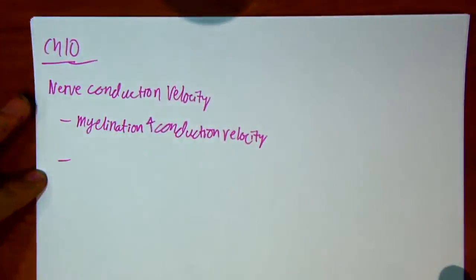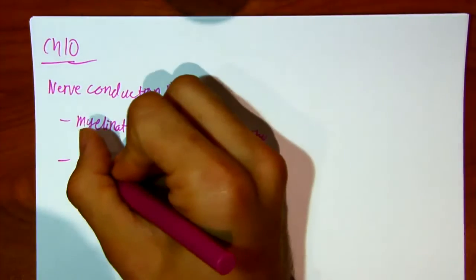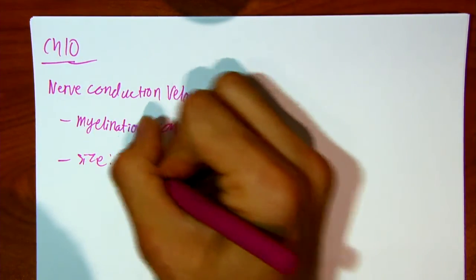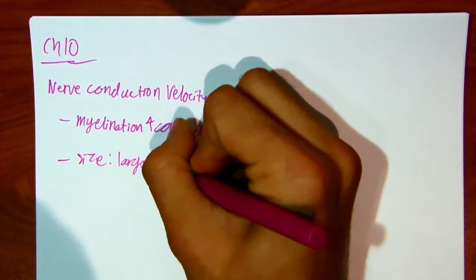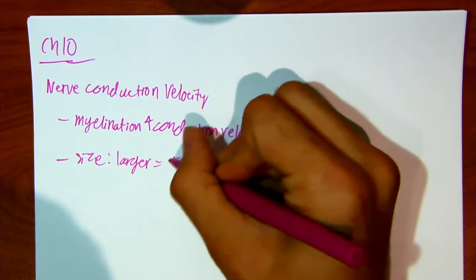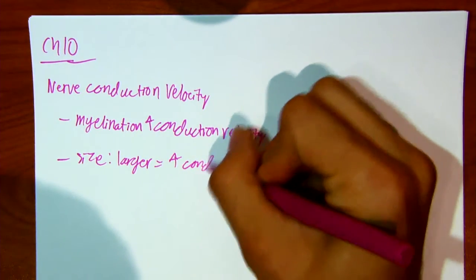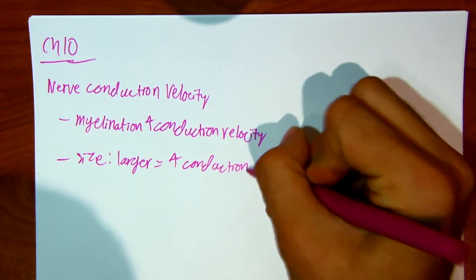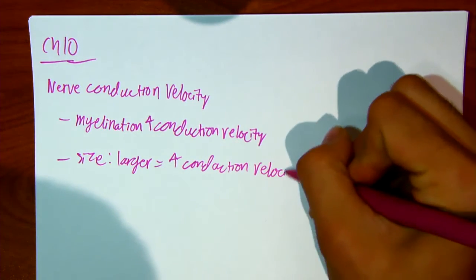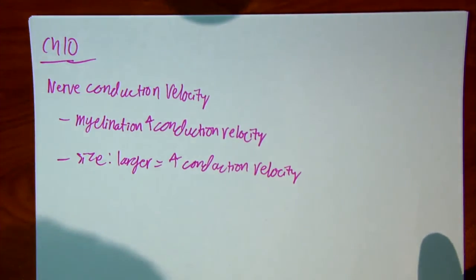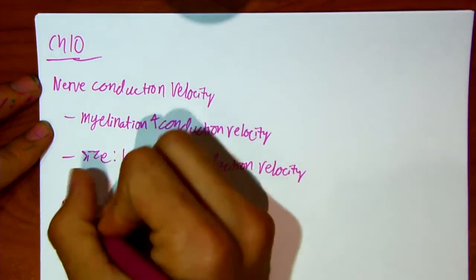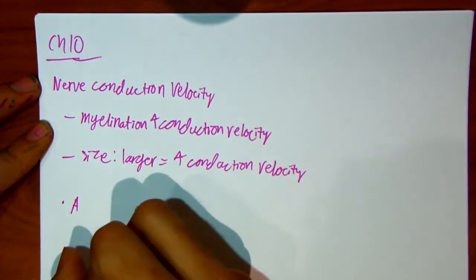What's another feature? Yeah, I heard someone say the size. So the larger it is, it'll increase conduction velocity. All right. So let's talk about the different nerve categories we have.